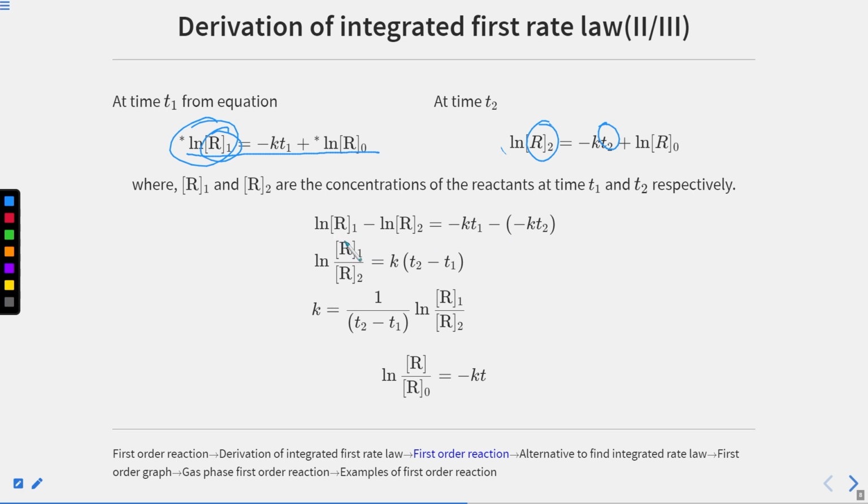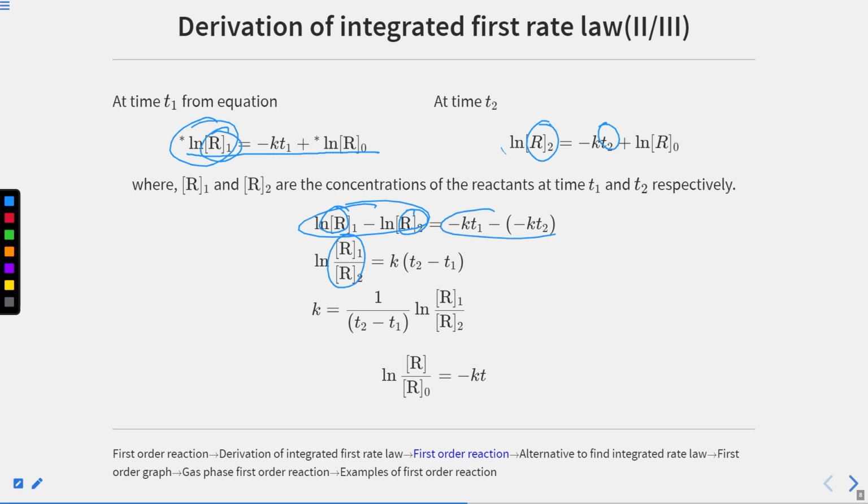Now we have again used the property which says that ln A minus ln B is equals to ln A by B. So that would give us ln R1 minus ln R2 is equals to ln R1 by R2.